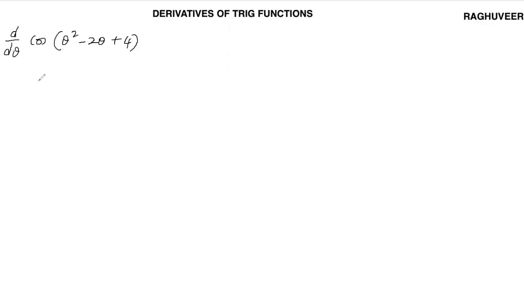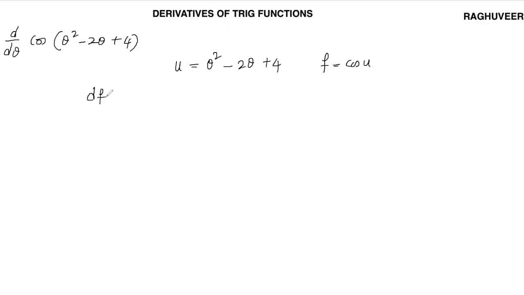Let us look at another type of problem here. Here you have the function inside the function, right? So let us take this with respect to theta, applying chain rule. Let us consider u as theta square minus 2 theta plus 4. So f is cos u.